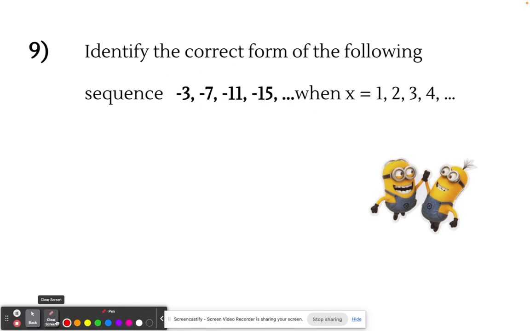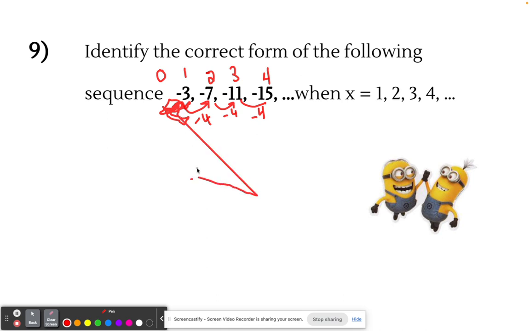And number 9. Again, it says 1, 2, 3, and 4. I don't have a 0 term, so this is 1, 2, 3, 4. You'll see I am subtracting 4 each time. So it is arithmetic, not geometric, but I do need to back up what number if I subtract 4.